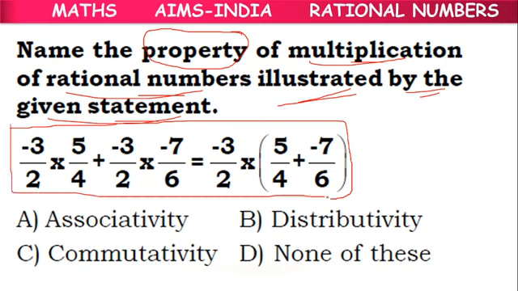After checking the statement, we have to tell which property of multiplication it obeys. What are the properties, children? We have learnt about closure property, commutative property, associative, distributive, identity element, inverse element. Like that, so many properties we have learnt.